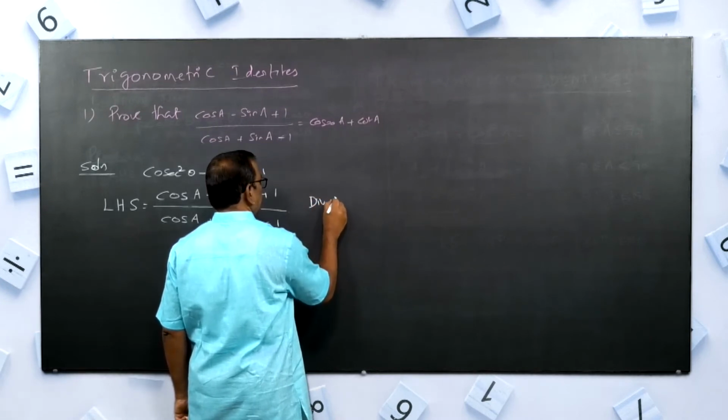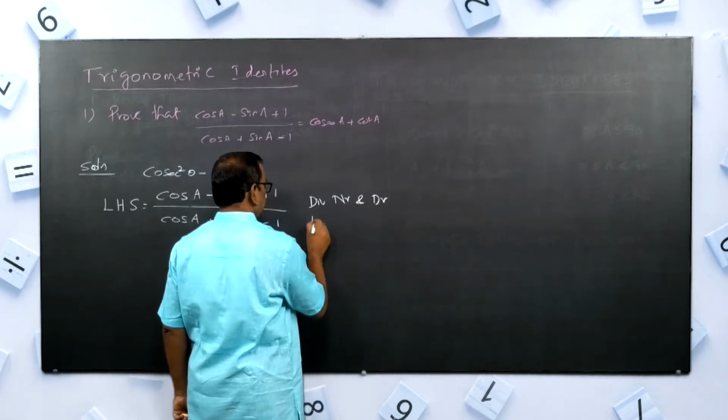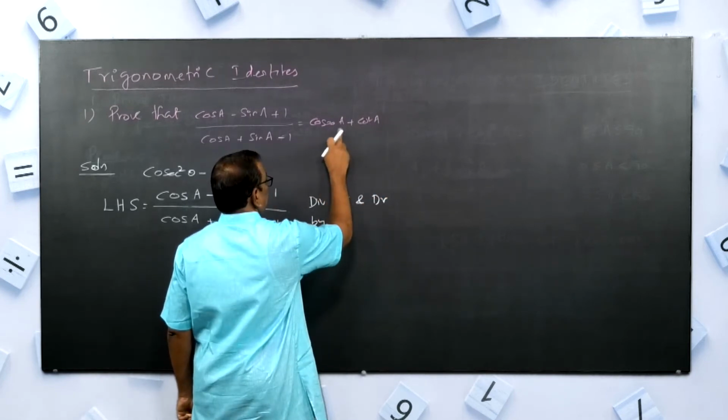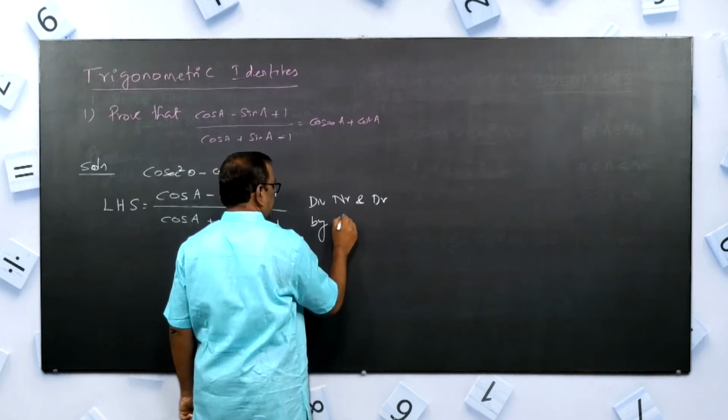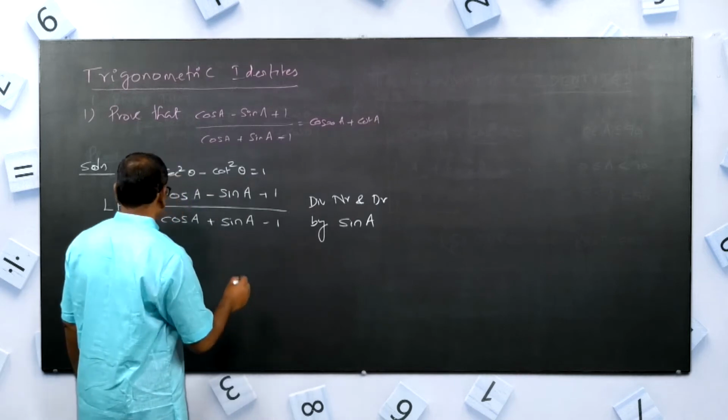Before that, divide numerator and denominator by sin a.